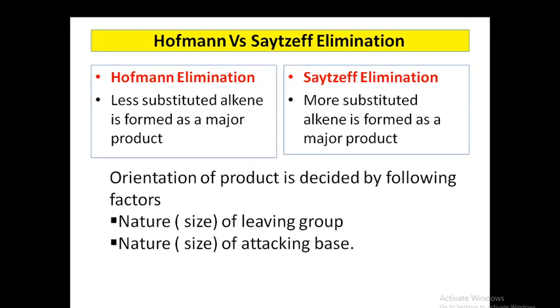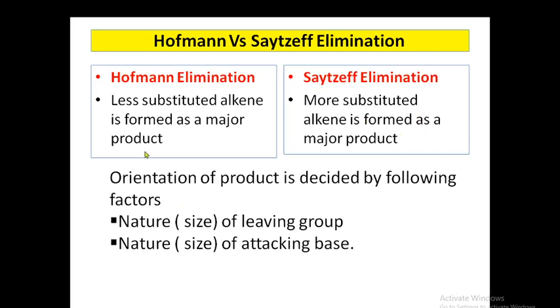How they are different, or how the Hofmann product and Saytzeff products are formed. So what is Hofmann elimination? Less substituted alkene is formed as a major product in the elimination reaction. While in Saytzeff elimination, more substituted alkene is formed as a major product.